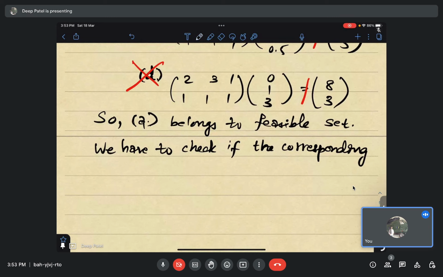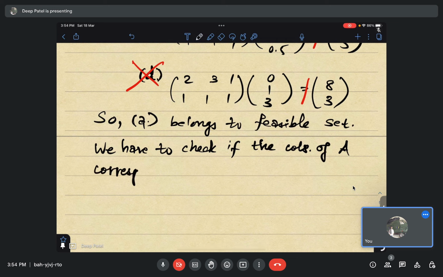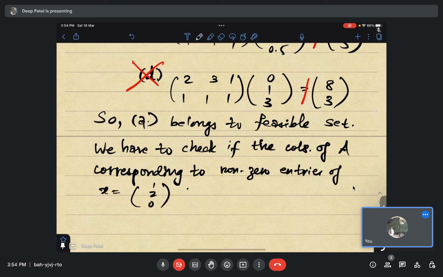Maybe let me rephrase this sentence. What I want to write is, we have to check if the columns of A corresponding to non-zero entries of x equals to 1 2 0 are linearly independent.